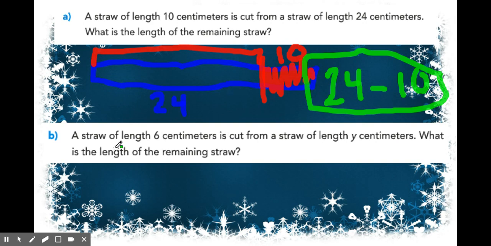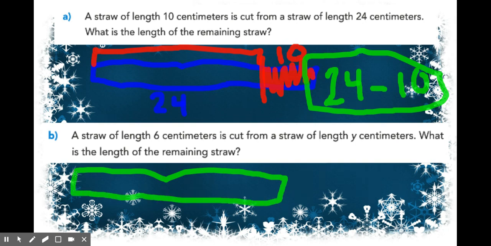Example B, it says a straw length 6 centimeters is cut from a straw length of y centimeters. What is the length of the remaining straw? Well, I know the original size of the straw was y centimeters. I'm using y because it's an unknown value. That's why they said y centimeters.